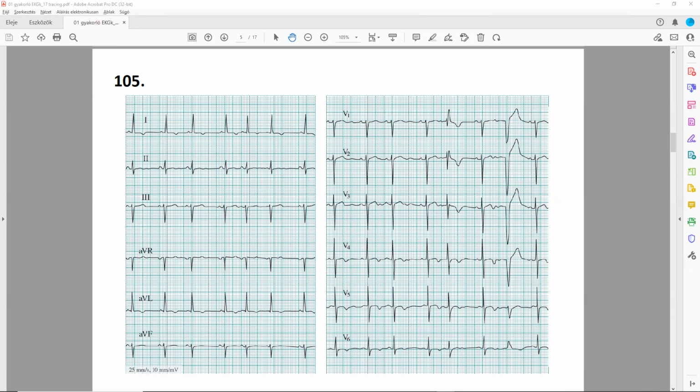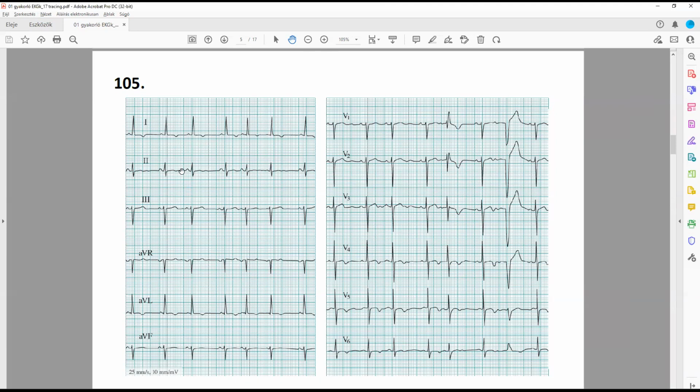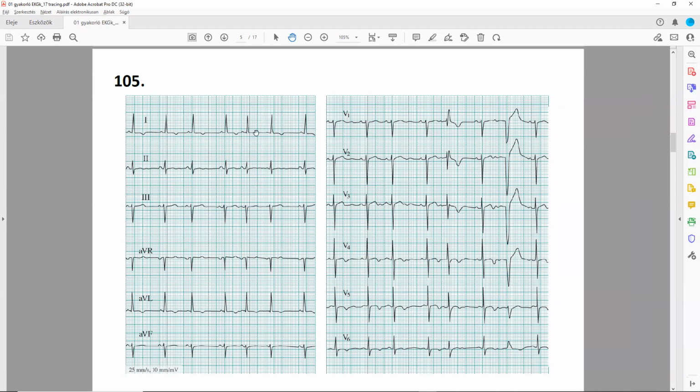Okay, let's go step by step. What we see here: first of all, we said that lead number 1 is positive, and he said lead number 2 is equiphasic. Let's go through the equiphasic approach he wrote here. It shows that lead number 2 is equiphasic. What does it mean?